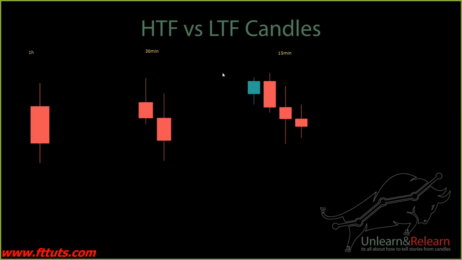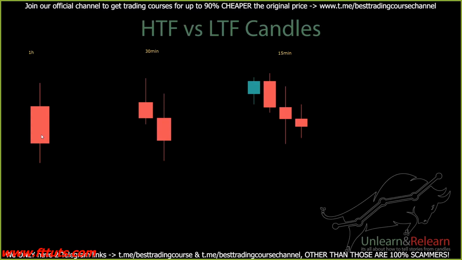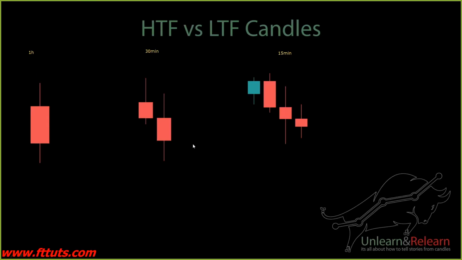Now, just by looking at the 1-hour, if we were to say that price has to go down, we're anticipating on the 1-hour for price to create a lower high and a lower low. On the 30-minute, also, we're looking for price to create a lower high and a lower low. On the 15-minute, it's just a bunch of candles forming whatever. Let's see what happens here.